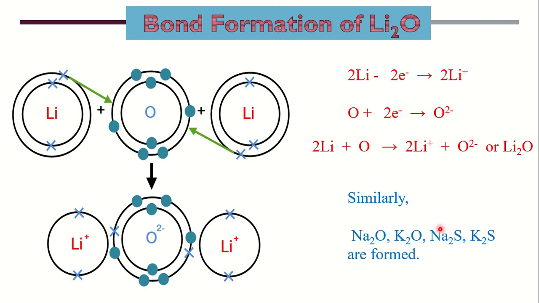So 2 sodium atoms or 2 potassium atoms will come and make bond with 1 oxygen or 1 sulfur atom, and they are bonded in this way and make Na2O, K2O, Na2S, K2S, etc. Lithium releases this electron and 2 lithium atoms release 2 electrons, and these 2 electrons are accepted by one oxygen atom.